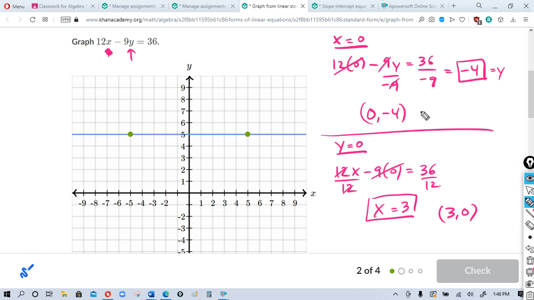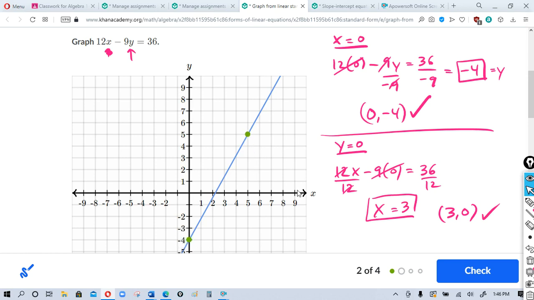All right, so we're going to plot this and this. So x equals 0, y is -4. Okay, go to x equals 0, and then y equals -4. Okay, the y-axis is the up-down part, so I just went to -4.